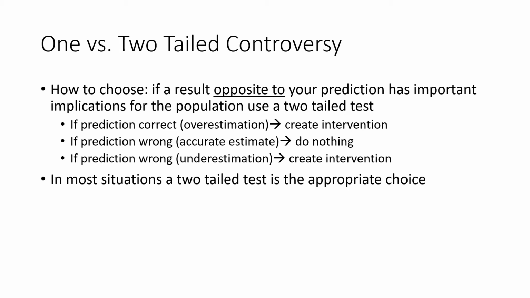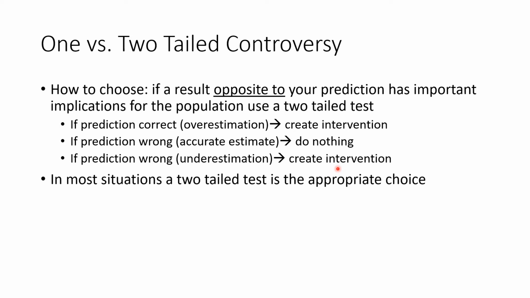Well, you would also report those results and then maybe create a program and say, hey, you guys can expect more than what you're expecting. You might create another program. Notice that what you're doing in those two prediction outcomes that are wrong differ. You're still going to do something if you find underestimation.